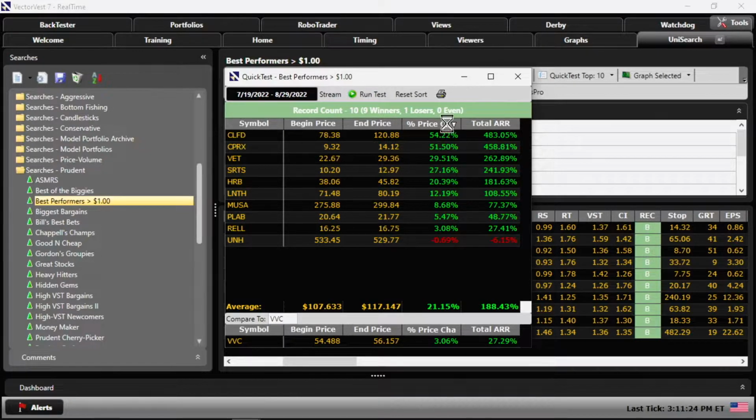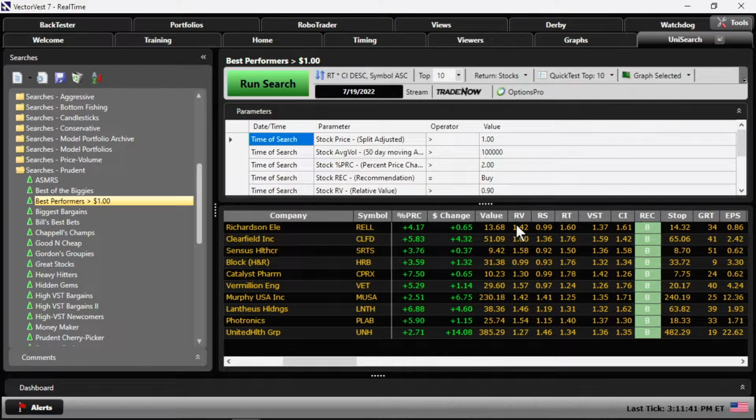We had 9, right? 1 loser. Loser lost very little. Boy, look at that. 54%, 51%. Price points, I'm pretty comfortable with those. Nothing's like $1 or $2 or anything like that. So yeah, these are prudent style stocks. They got really good RV for the most part, decent to good, really good RS. Timings look great. It's all good.